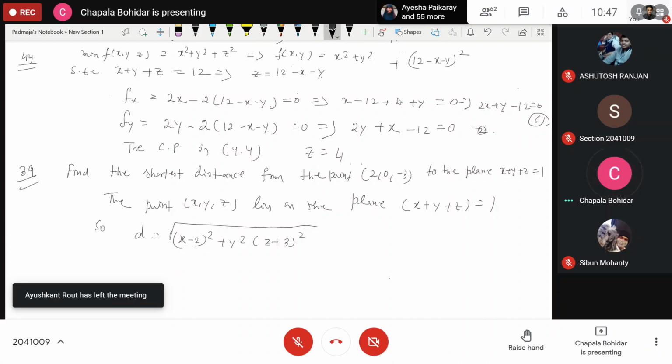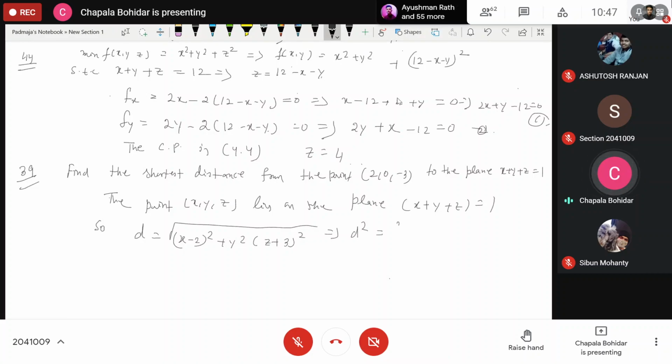I can write d squared as a function. Subject to the constraint, z is equal to 1 minus x minus y.